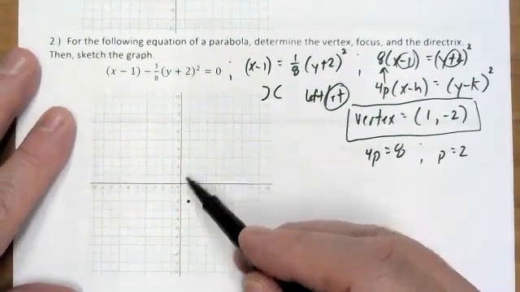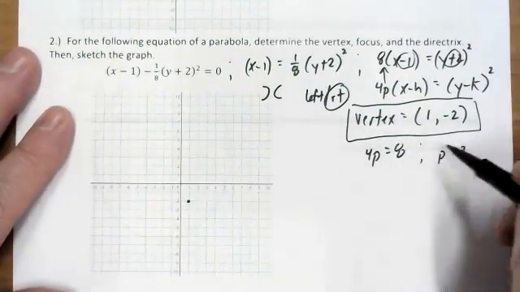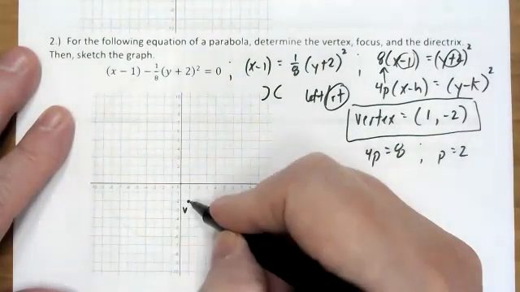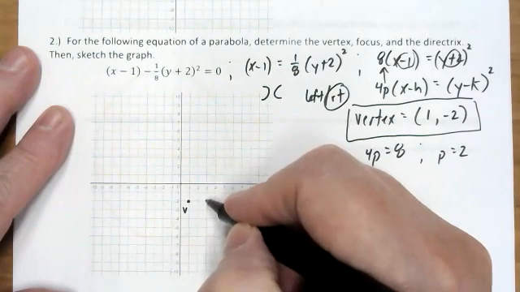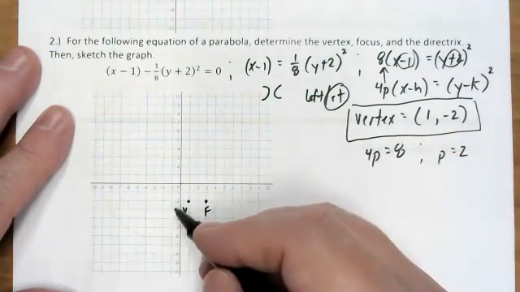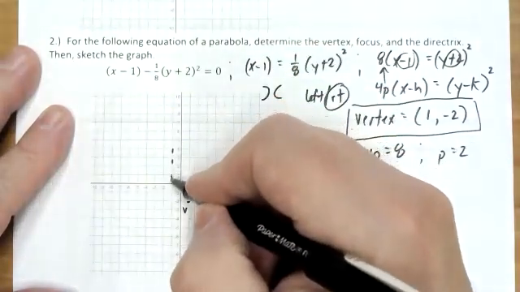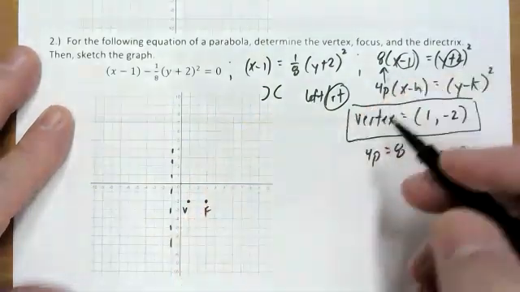Since the parabola opens to the right, I'm going to move a distance 2. So here's the vertex. I'm going to move a distance 2 from the vertex to the right. So there's the focus. And then if I move a distance 2 to the left, that's going to give me my directrix.